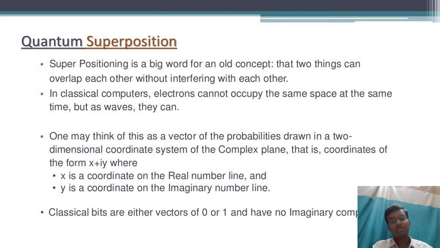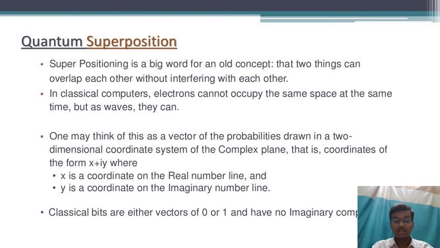In classical computers, electrons cannot occupy the same space at the same time, but as waves they can. One may think of this as a vector of probabilities drawn in a two-dimensional coordinate system of the complex plane. That is, coordinates of the form x plus iy, where x is a coordinate on the real number line and y is a coordinate on the imaginary number line.